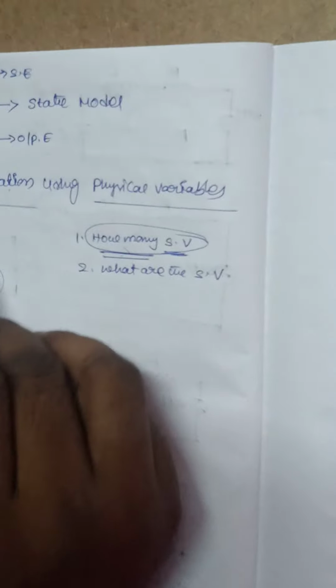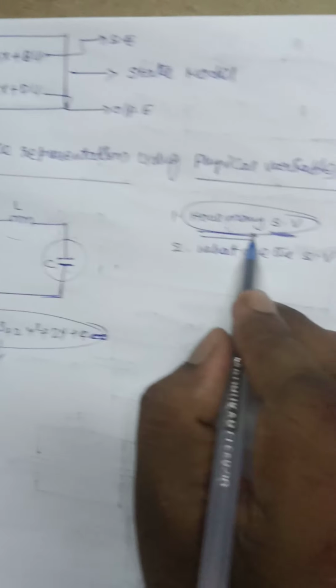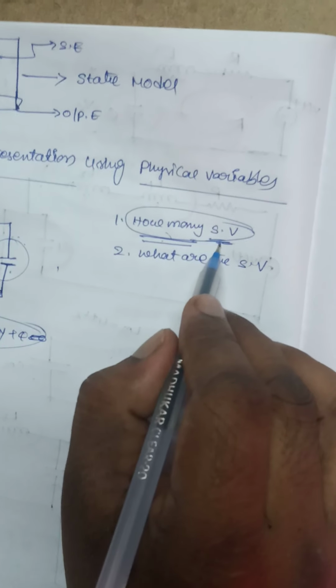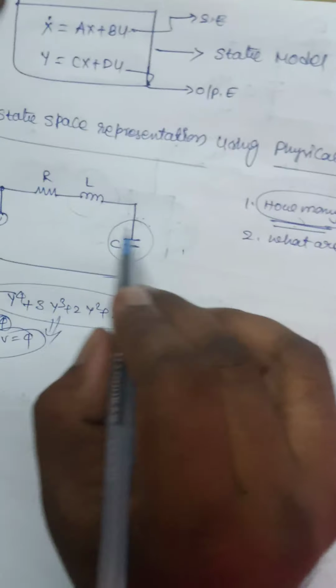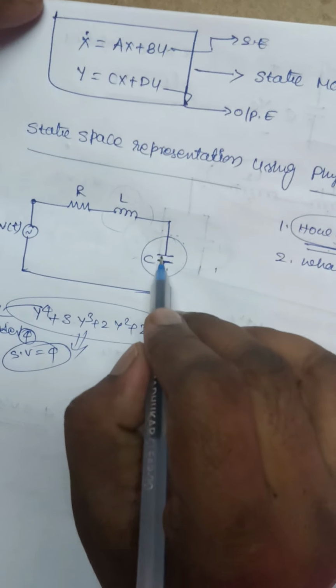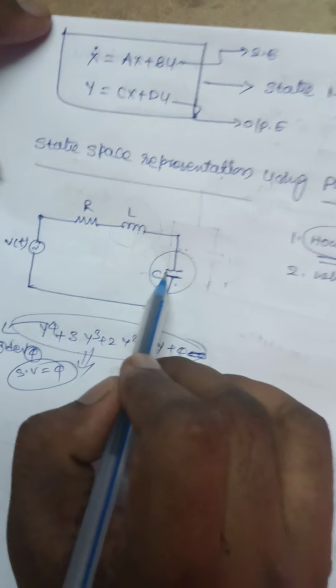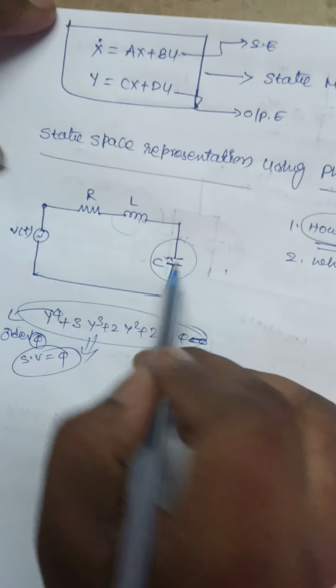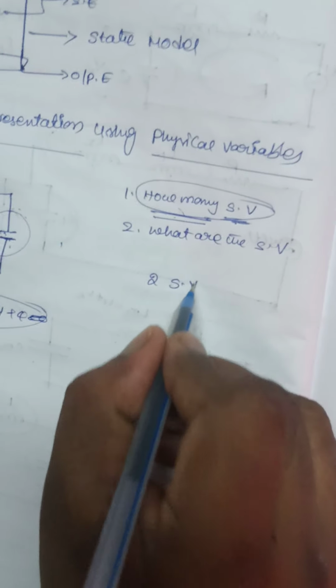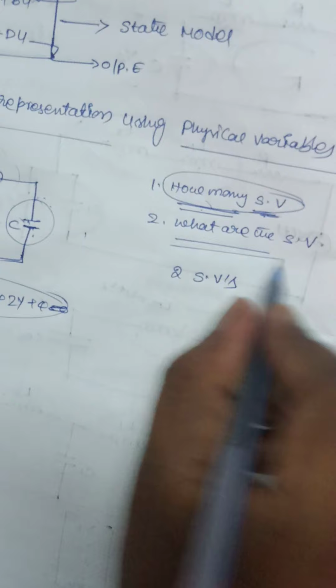Here in this electrical system, the number of state variables is nothing but the number of memory storage elements or energy storage elements. Only two energy storage elements are present here, L and C. So two state variables are there. Next, what are the state variables?